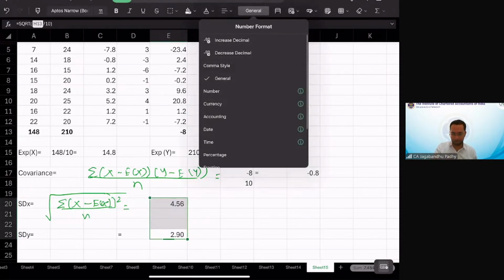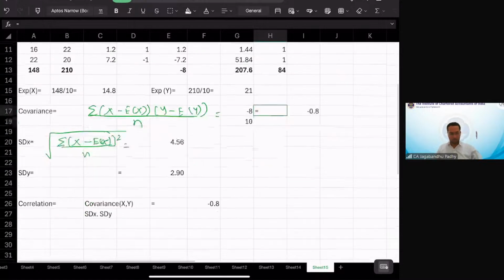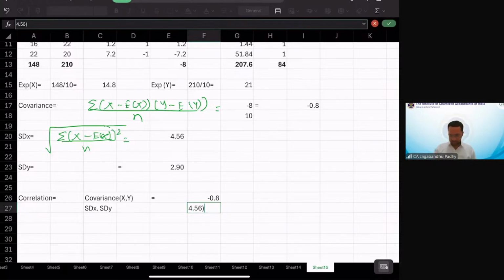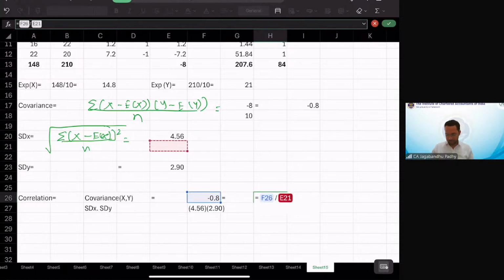Okay. Then finally correlation will be minus 0.8 divided by 4.56 into 2.90.